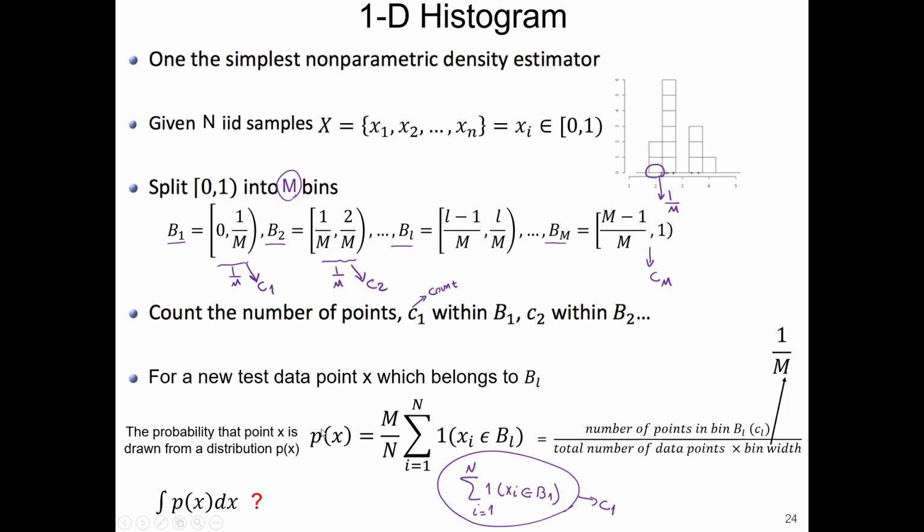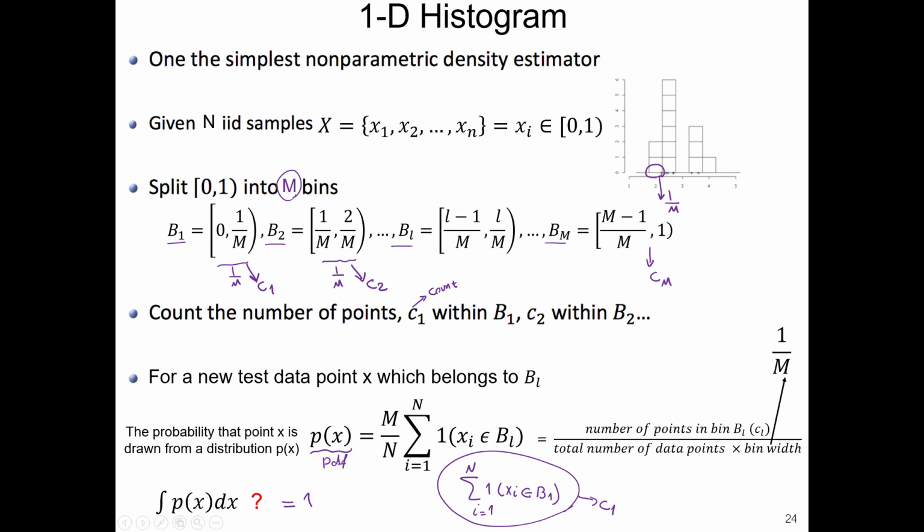If this is a PDF, it must be 1, because what is equal to 1 in a PDF? The area under the curve is equal to 1. So this must be equal to 1 if this is a PDF.